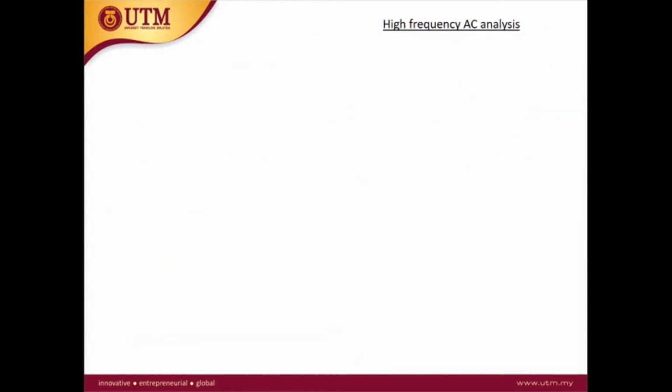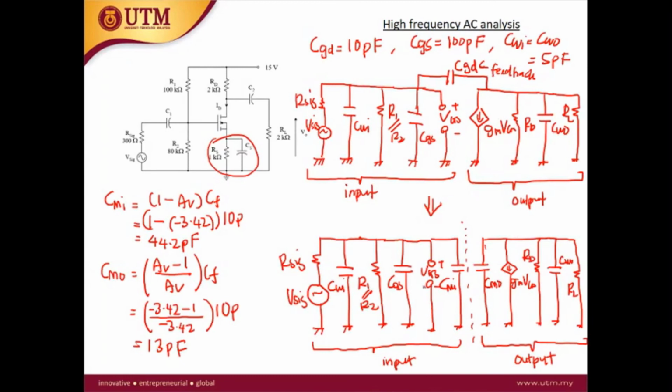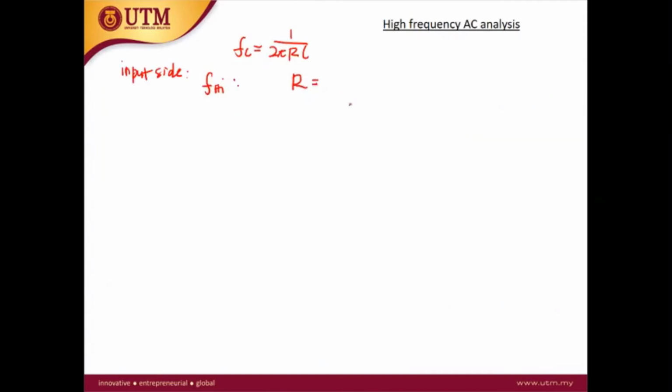So next is the calculation. The calculation uses FC equal to 1 over 2 pi RC. For the input side, FHI, the resistance is R1 parallel with R2 parallel with R signal.